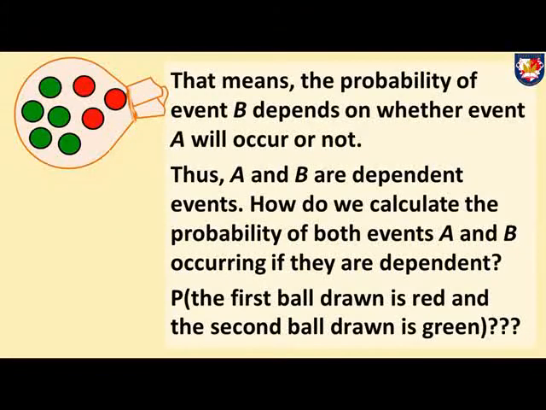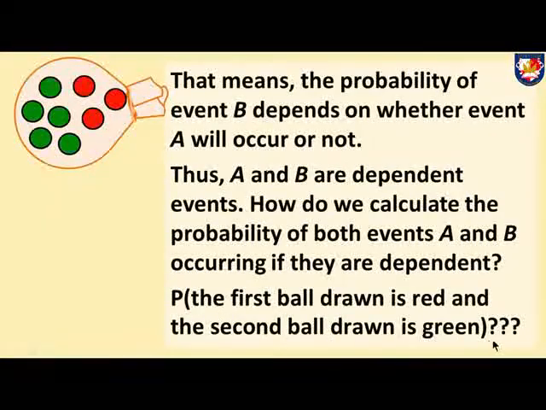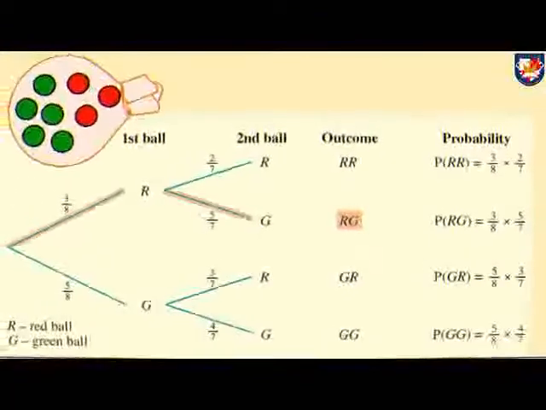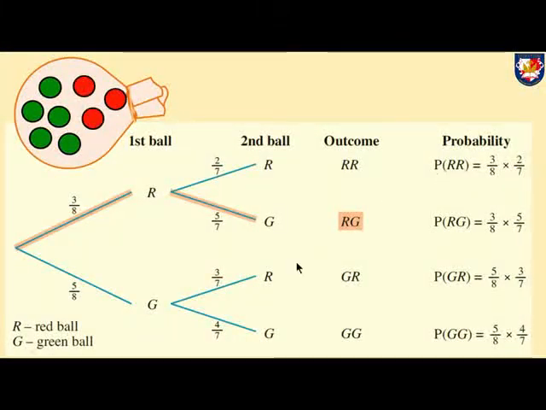How do we calculate the probability of both events A and B occurring if they are dependent? It means we're going to find the probability that the first ball drawn is red and the second ball drawn is green. As usual, we make the tree diagram. So this is the tree diagram of this case without replacement.